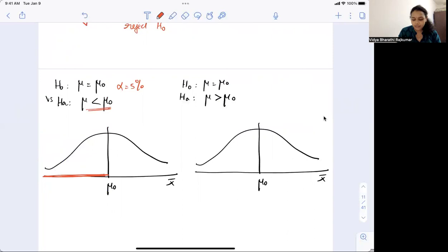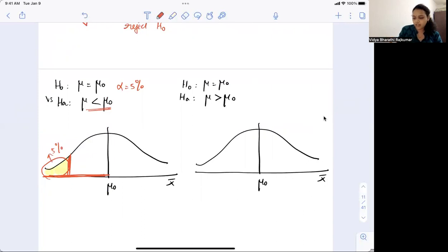Now, because my interest is only in this region, I'll choose a cutoff threshold here such that this area is equal to 5%. And any observation that falls in this space has either a 5% or lesser likelihood of showing up, and that will be my unlikely event. So the way I define my null and alternative will determine the specific area which decides whether I should reject the null or not.